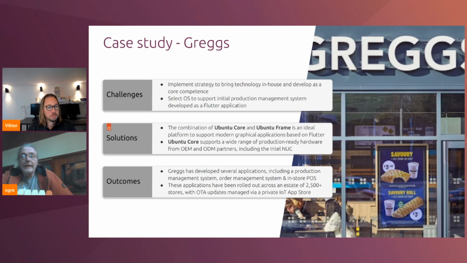And they are using Ubuntu Core and Ubuntu Frame natively to do their point of sale systems. So you can have a little touch screen to type in all your orders and pay there. And they use Ubuntu Core and Ubuntu Frame as well for all their advertisement screens.